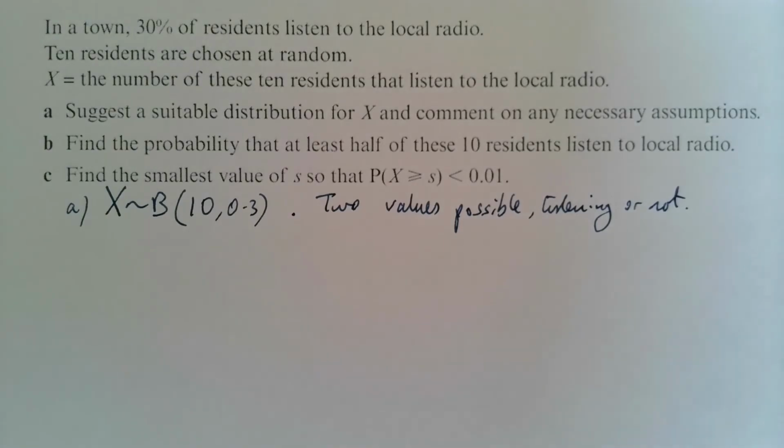Then you could also have a fixed number of trials, couldn't you? You could have the fact that the probability is always fixed, it's always 0.3, and that each resident is going to be independent of the others. Is that true really about listening to radio? Don't know, but that's the assumption that you're making.